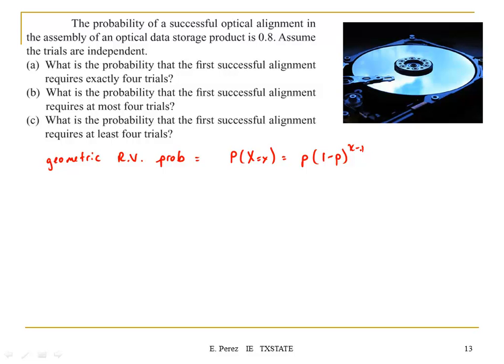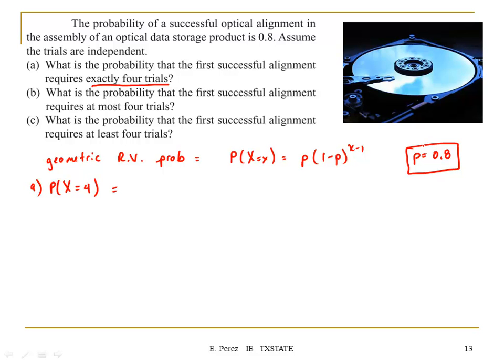So for part A, what is the probability that the first successful alignment requires exactly 4 trials? So this is a probability of x being equal to 4, because this is saying exactly 4 trials. So we have the probability of x being equal to 4, and if you substitute, we know p equals 0.8.